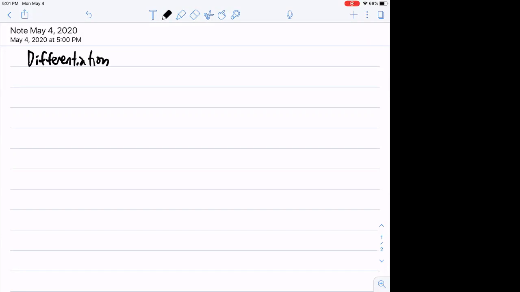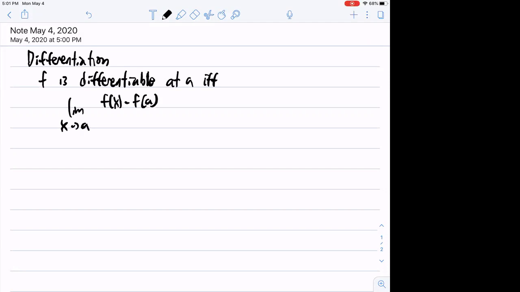So we say f is differentiable at a if and only if the limit as x goes to a of (f(x) minus f(a)) over (x minus a) exists, right? So we normally call the limit f prime at a.